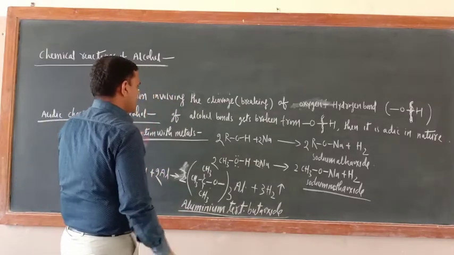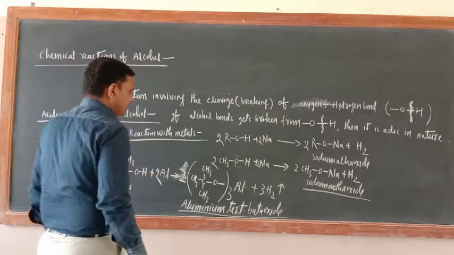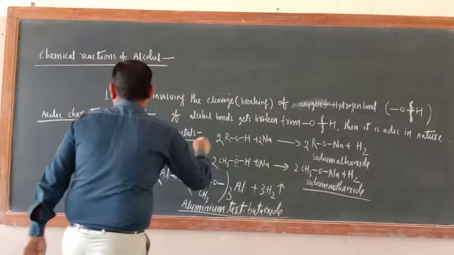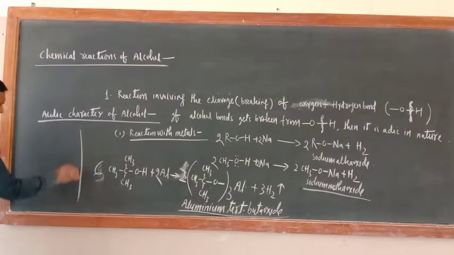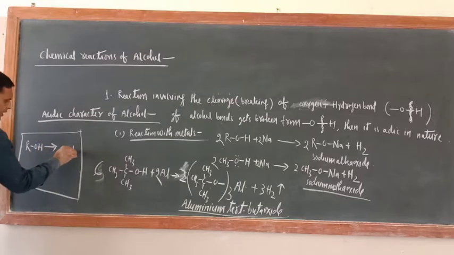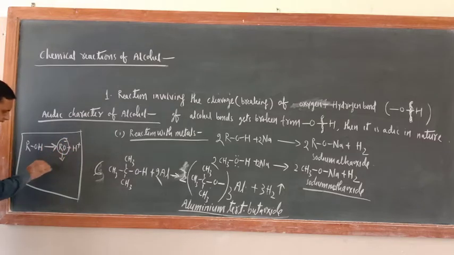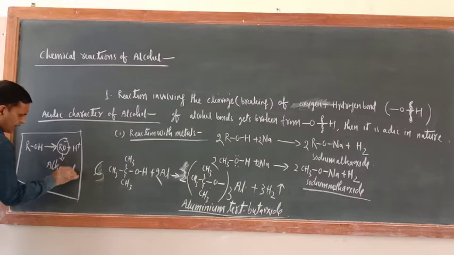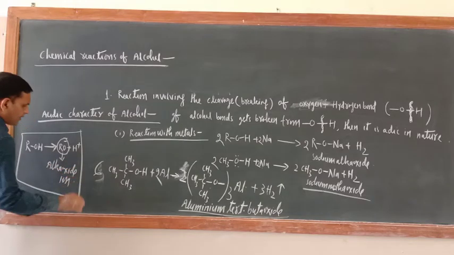Actually, just try to understand alcohol. Just see here, this is ROH. If it is removing H positive, what is the name of what remains? RO negative. This is the alkoxide ion. Okay. What is this one?